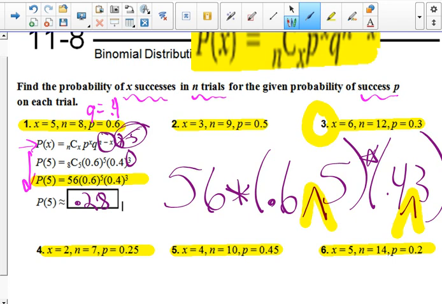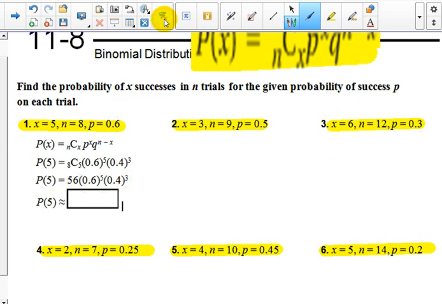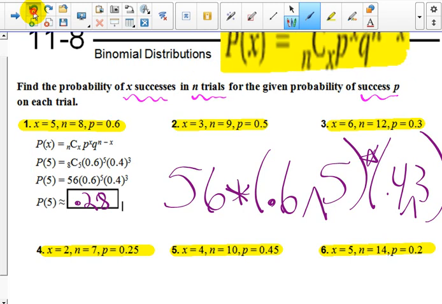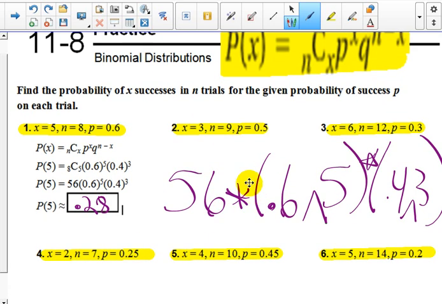Well, they didn't show that it was 8 minus 5, but they did show the result of that was 3. Any questions on this? Okay, I'm going to let you work number 2 together right now, and then we'll come back and check it.